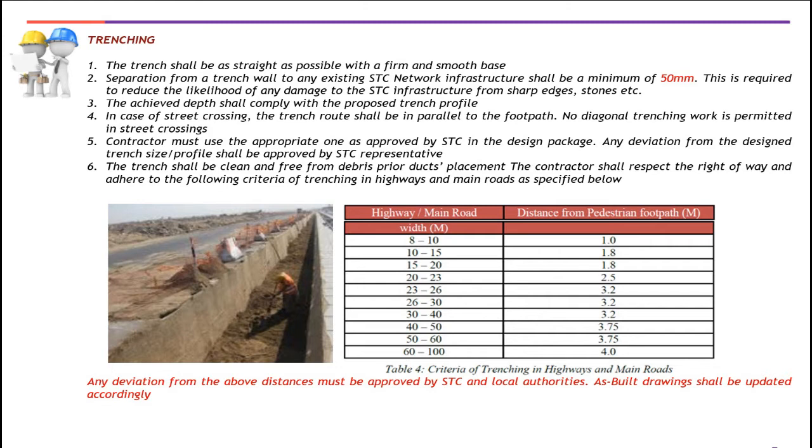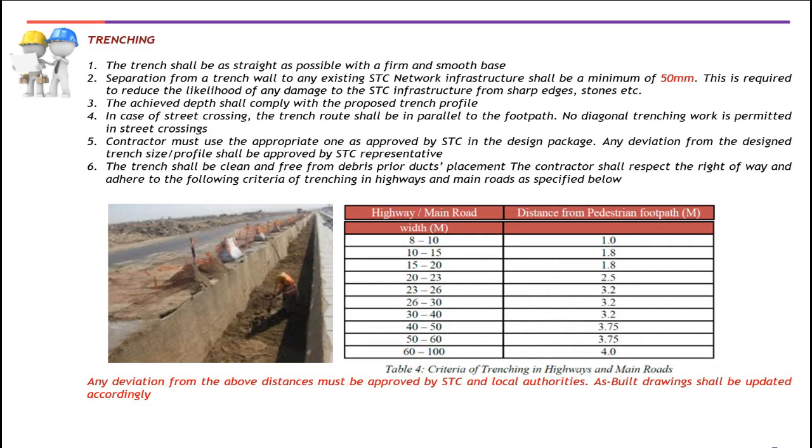On the screen, you can see a table which explains the criteria of trenching in highways and main roads. For example, if you have a road width of 8 to 10 meters, the trench distance from the pedestrian footpath must be 1 meter away.